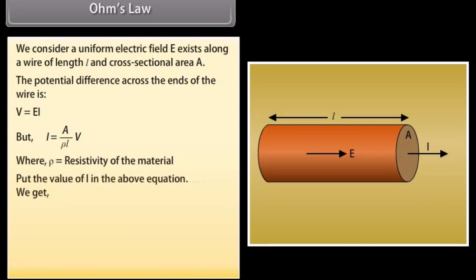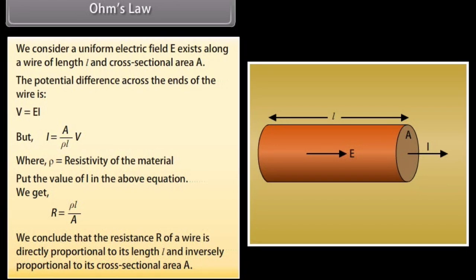Putting the value of I in the above equation, we get the value of resistance, which is equal to rho L upon A. We conclude that the resistance R of a wire is directly proportional to its length L and inversely proportional to its cross-sectional area A.